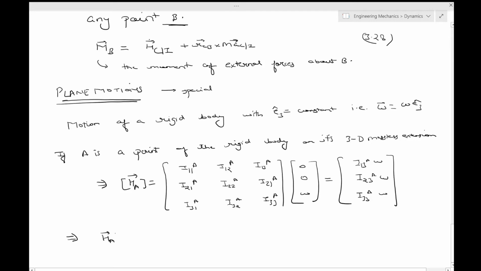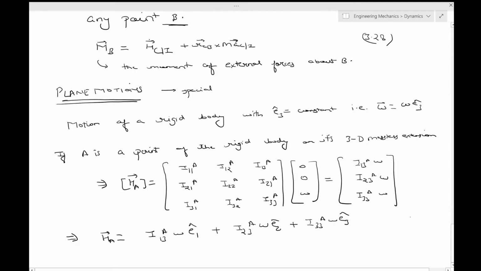HA is equal to, now I want to write this as a vector, so I13 of A omega E1 hat plus I23 A omega E2 hat plus I33 A omega E3 hat.